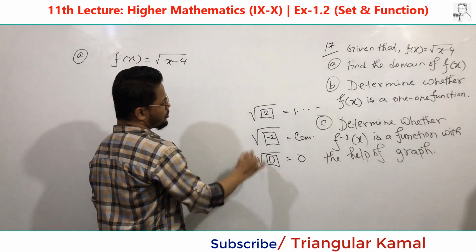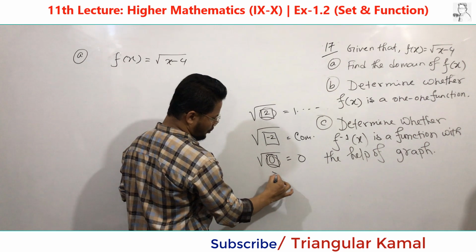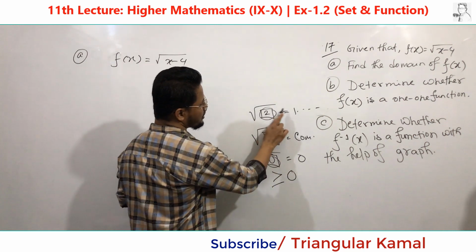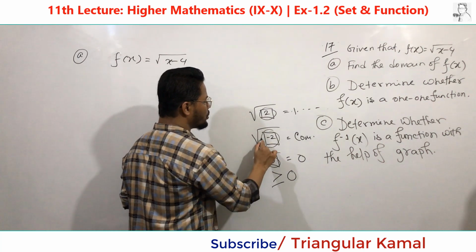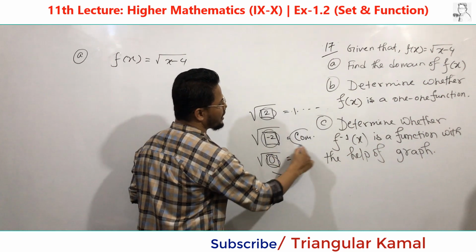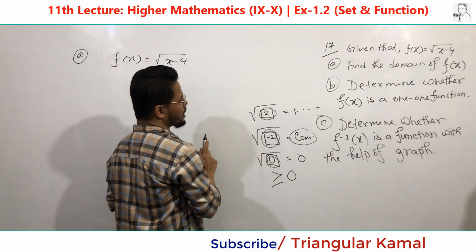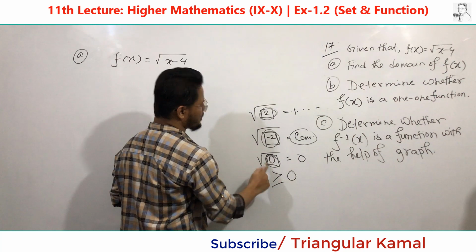So in the square root, only in two cases, when this is positive and 0, we get some numerical value. But when inside the root this is negative, it always gives a complex number. So in real numbers we get a value only when this is positive or 0.